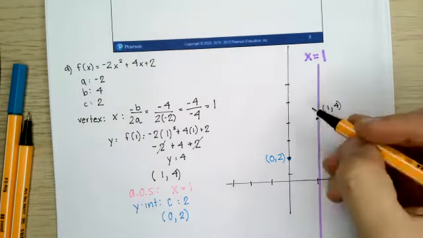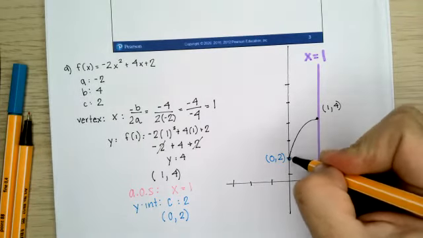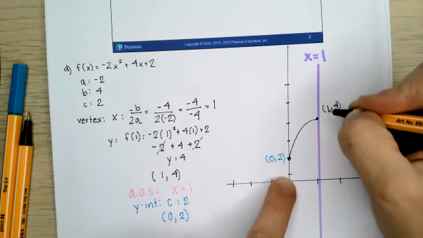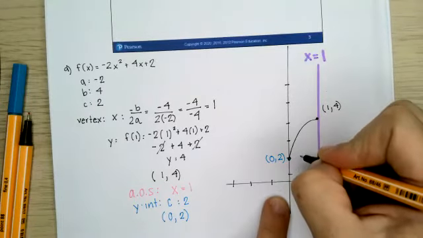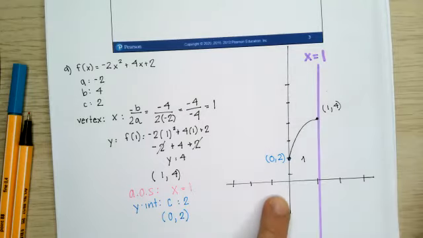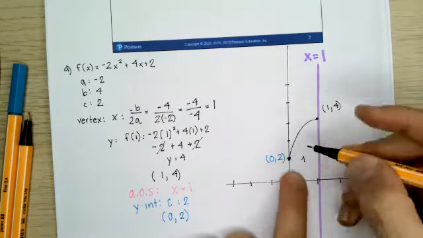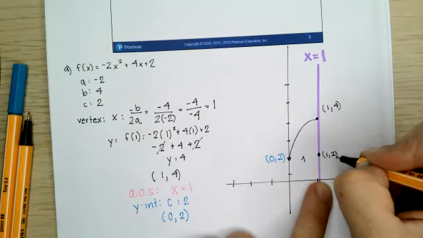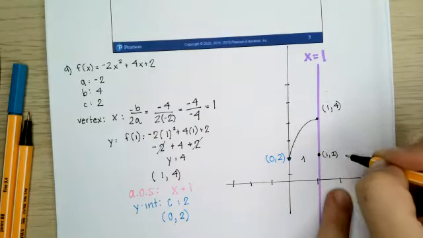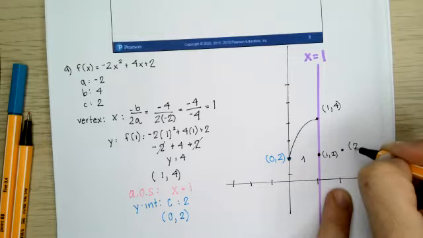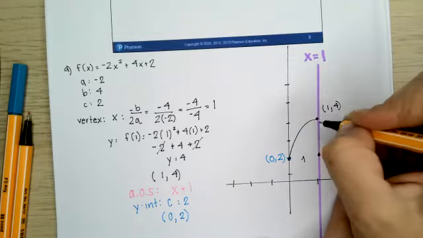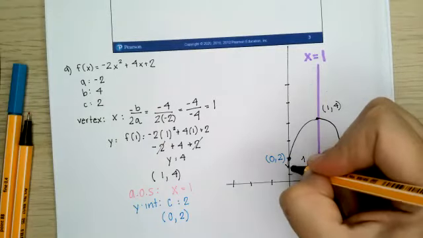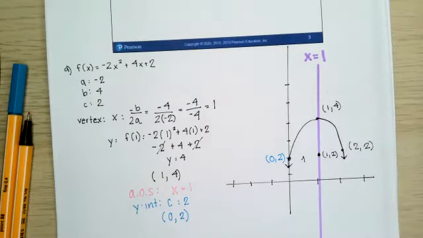So to find the rest, this is part of my parabola, right? To find the rest of it, I want to see how far away x equals 1 is from x equals 0. That's a unit of 1, right? So at 0, 2, 1, 2, and then we keep going 1 more over, we end up at 2, 2. There's my parabola. Good.